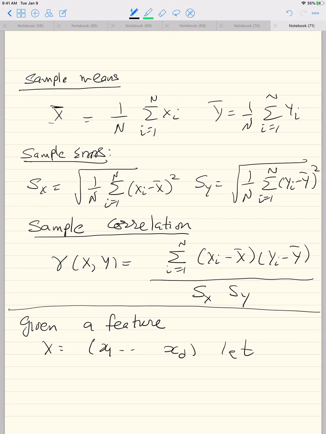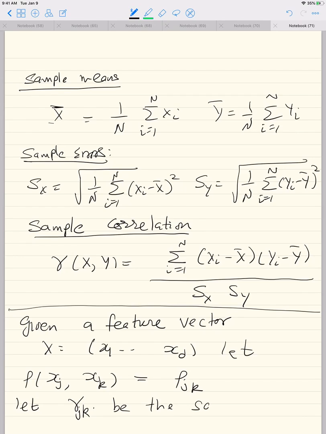The correlation between xj and xk will be denoted by rho jk, and we let rjk be the sample estimate of rho jk.